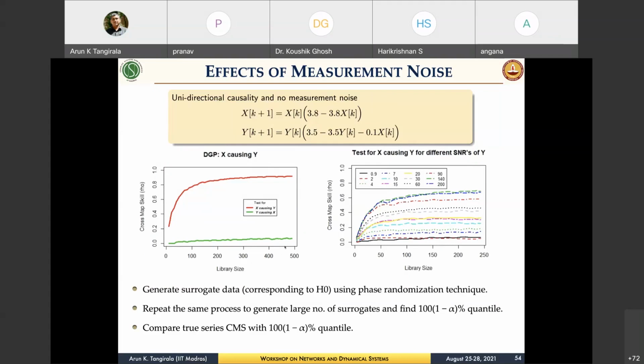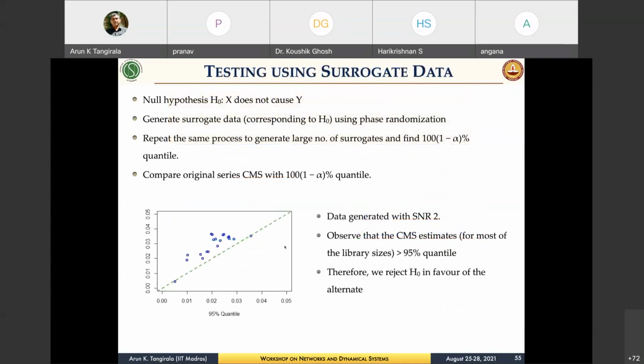What we do, in order to determine if the cross map skill is significant, is that ultimately it boils down to a hypothesis test corresponding to the significance of cross map skill. If the null hypothesis is that X does not cause Y, we generate surrogate data corresponding to that null hypothesis using a technique called phase randomization.